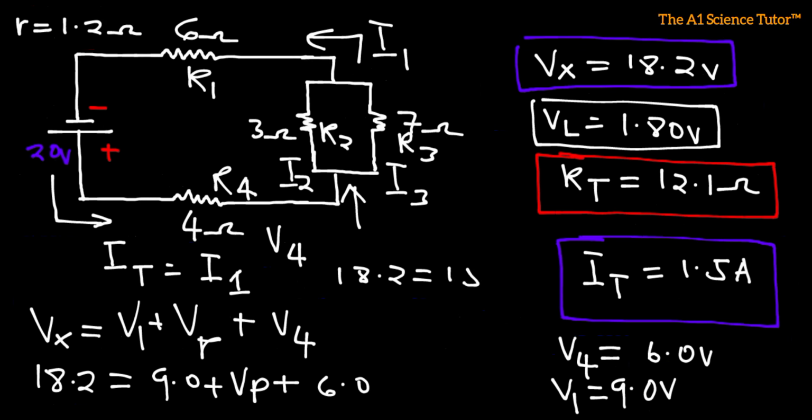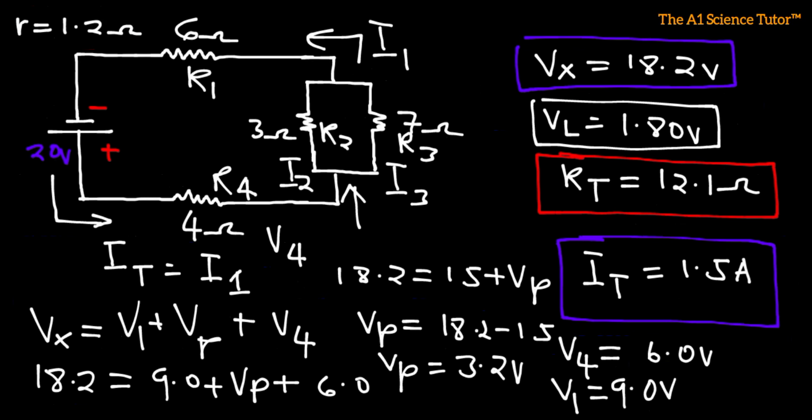So this is going to be 15 plus V sub P. So V sub P should be 18.2 minus 15. So let us see what that gives. 18.2 minus 15 is 3.2.